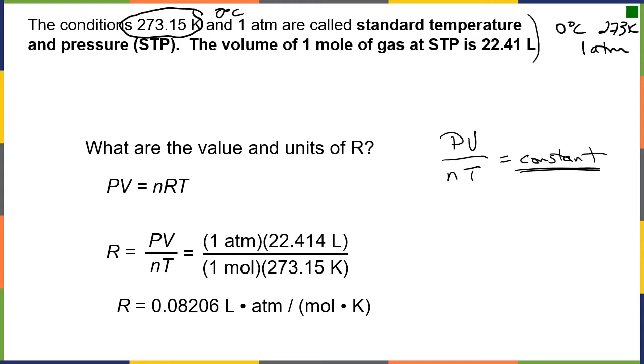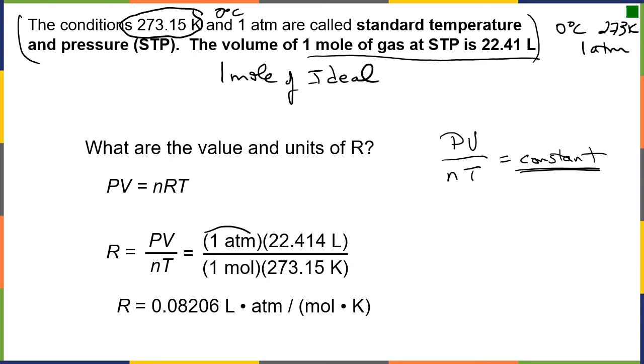Well, if we plug in our conditions at STP and we put in a pressure of 1 atmosphere and we put in the volume of 1 mole of an ideal gas. So if we are at STP, then 1 mole of any ideal gas, now remember a lot of gases aren't ideal, but 1 mole of an ideal gas at STP has a volume of 22.41 liters.